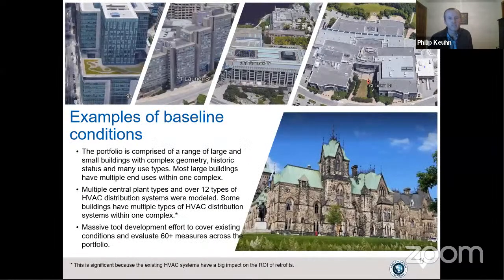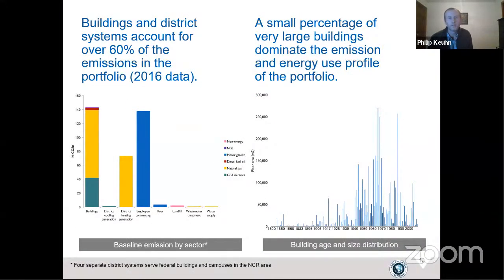Could you go back for 1 second? So the graph on the left is showing all the different areas that the government was interested in including in their plan. That included buildings, the district cooling and heating systems, employee commuting, the vehicle fleet, landfill, water treatment, wastewater treatment, and water supply.